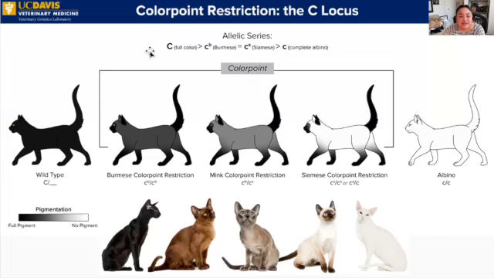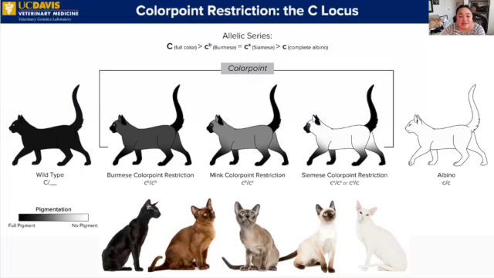The first allele in this gene is the wild type big C allele, which is expressed as a fully pigmented, full-colored coat. The second allele is the Burmese allele, which is CB, expressed as the Burmese color point restriction phenotype, where the extremities are pigmented and the body is only slightly lighter than the extremities.